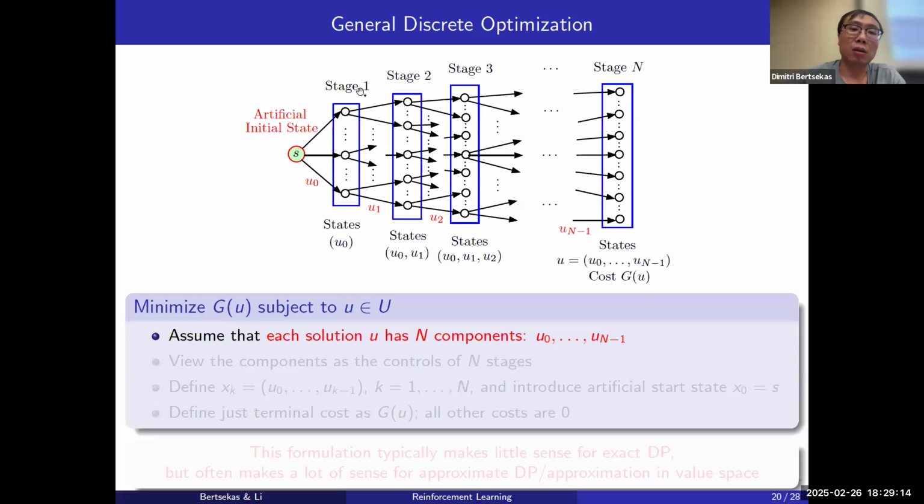First, let's discuss the general discrete optimization problem.